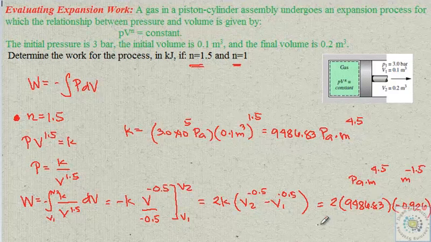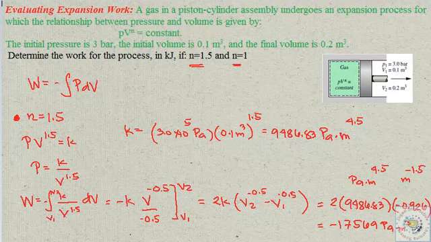So in that case, that will become 9486 times this one, and that one will be negative 17,569 Pascal m cubed. Pascal m cubed is just joule, the standard SI unit for work.